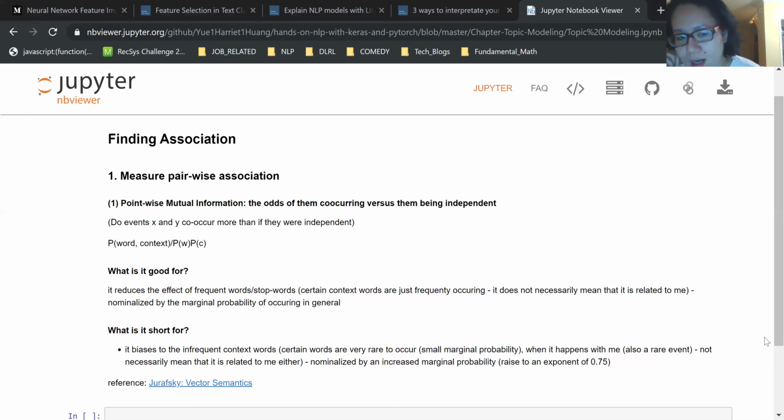So therefore, it's good for reducing the effect of stop words. So these kinds of words, frequent words that appear anywhere in English, are also called stop words, right?